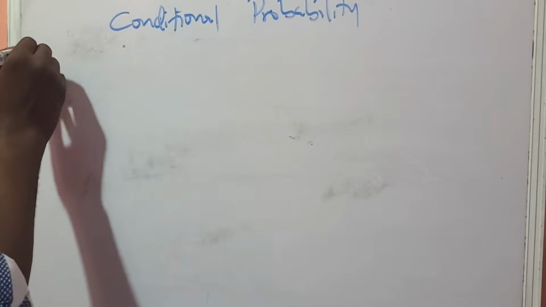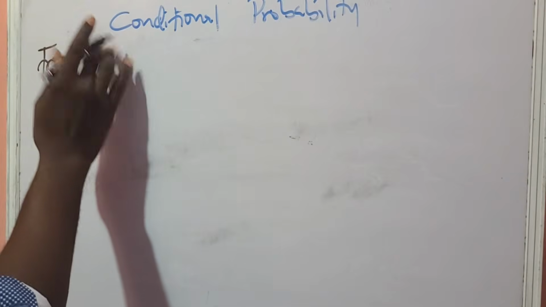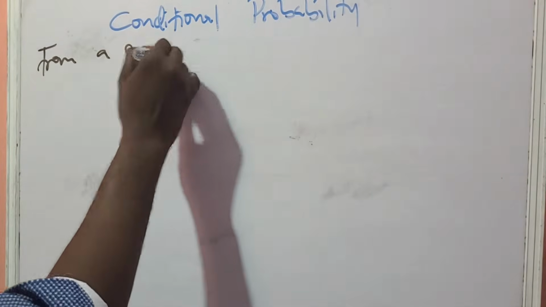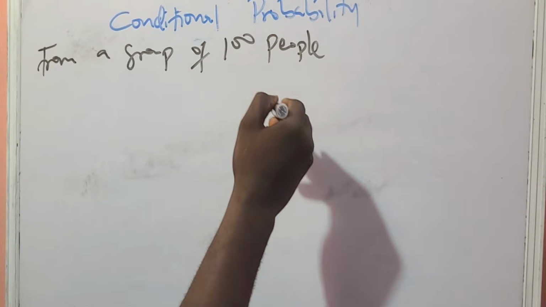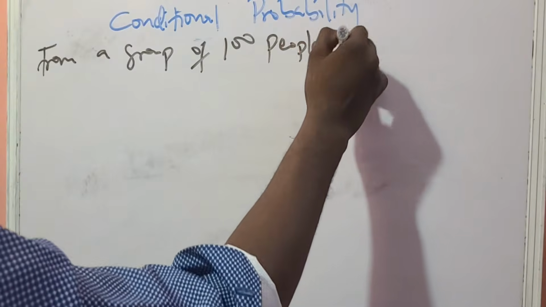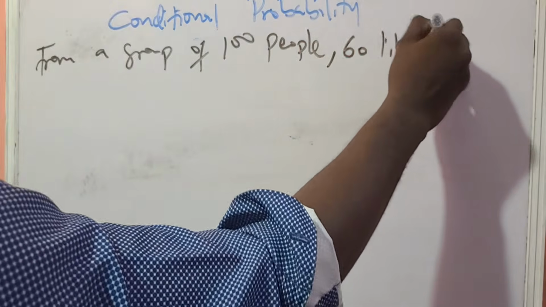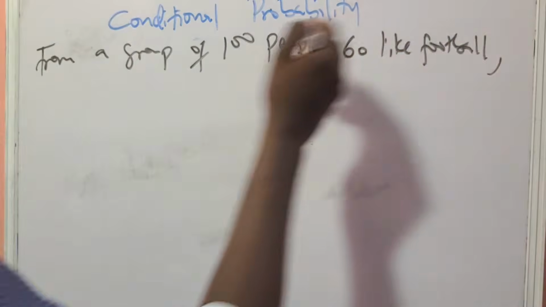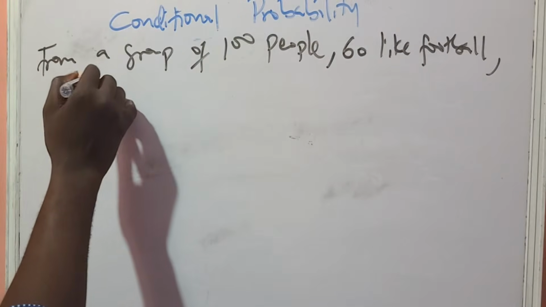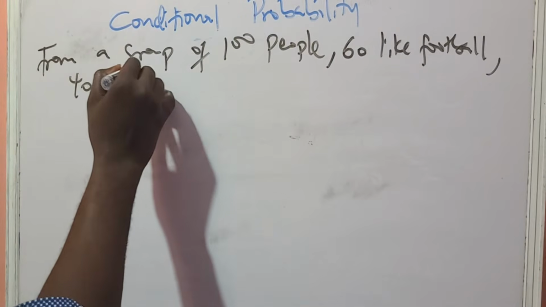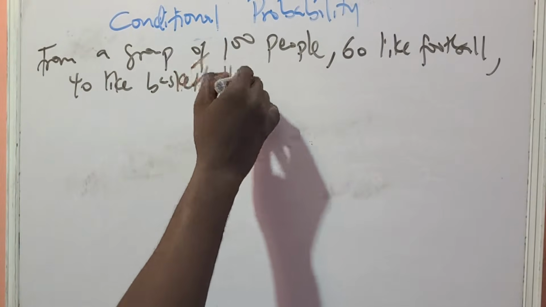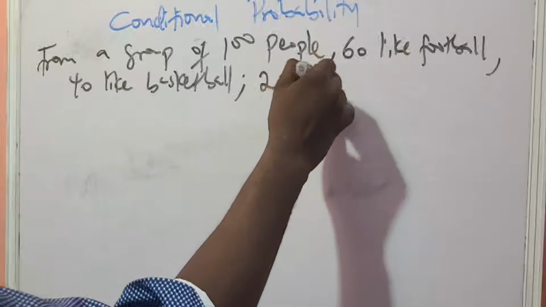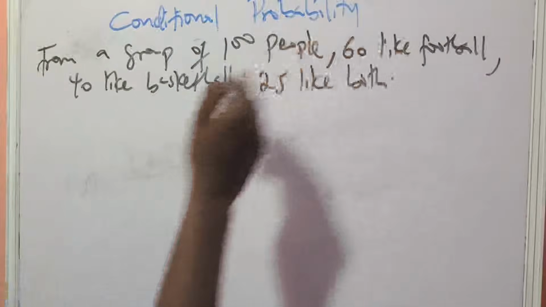From a group of 100 people, 60 like football, 40 like basketball, 25 like both.